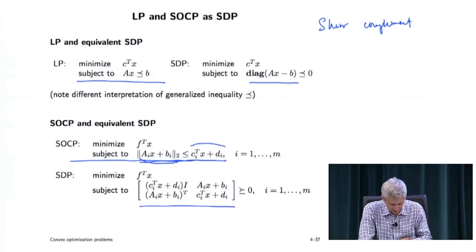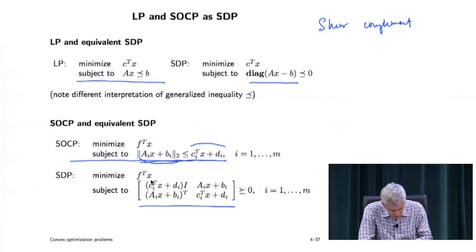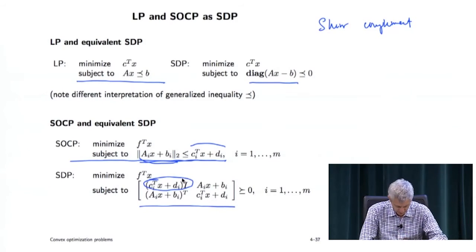And so that'll work this way. This matrix is positive semi-definite when, and we can write it either way. There's two ways to do it, but one is to say something like this. You would say that it's when this matrix is positive semi-definite, but that's a multiple of the identity. So that simply requires Ci transpose X plus Di bigger than 0.